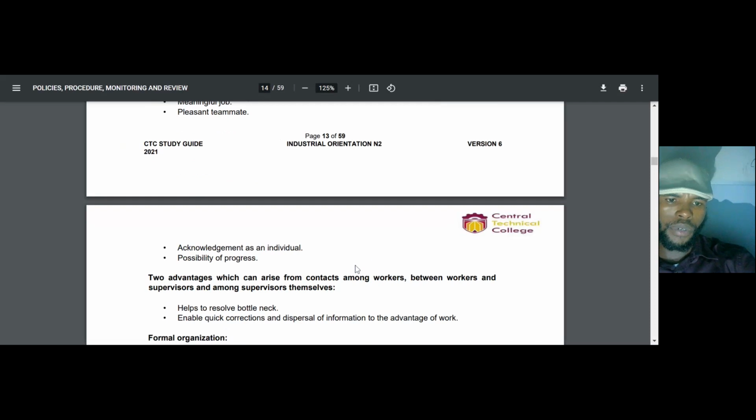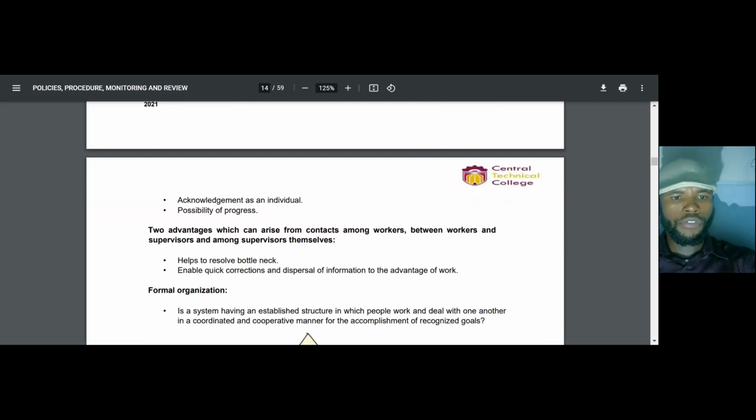Acknowledgement as an individual, and possibility of progress. Now, there are two advantages which can arise from contact among workers, between workers and supervisors, and among supervisors themselves. It helps to resolve bottlenecks, and it enables quick corrections and dispersal of information to the advantage of work.